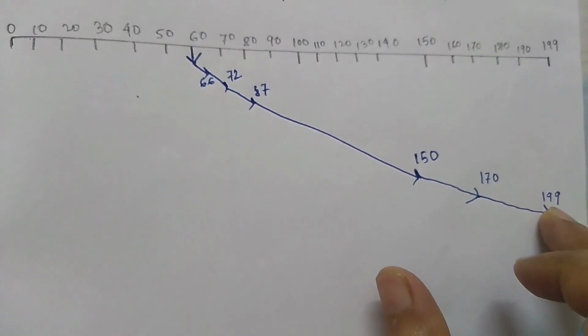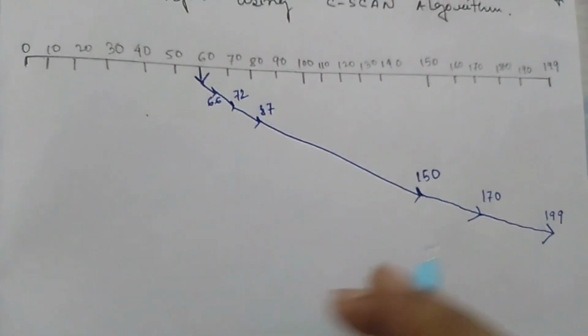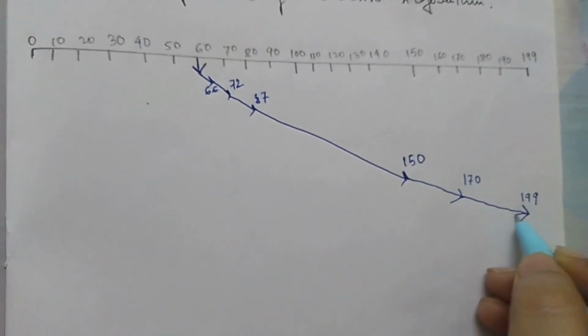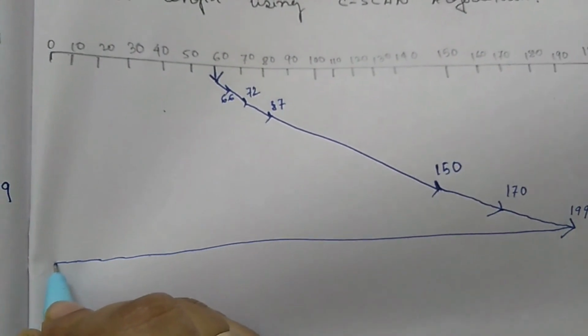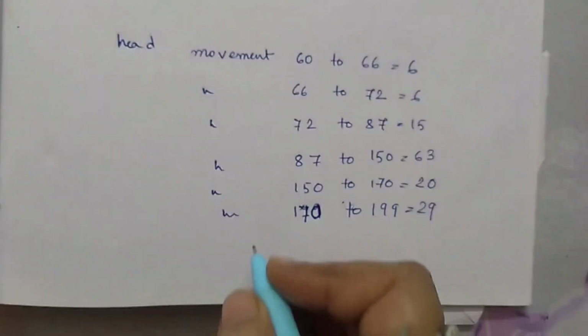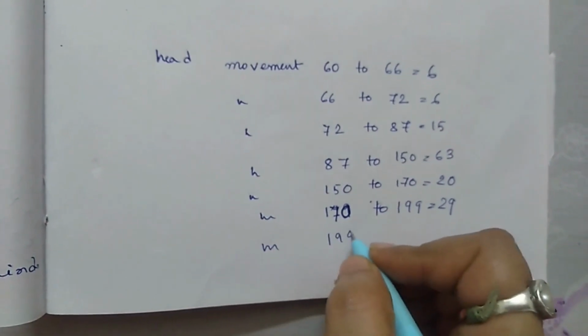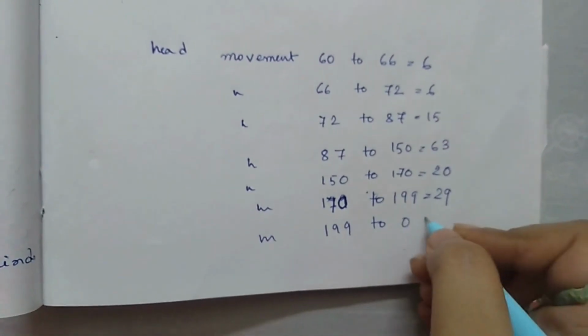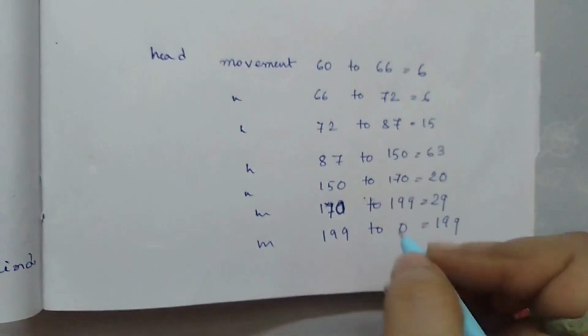Next we have to move to the first track position, that means the 0th position. So we calculate the head movement. The movement is 199 to 0 and the value is 199.